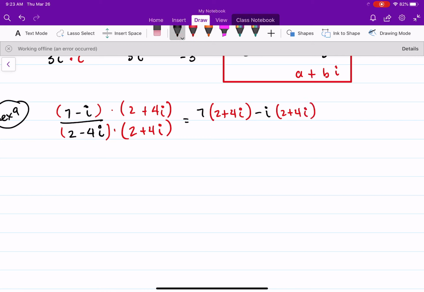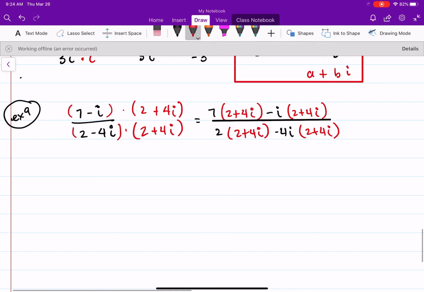And the bottom is going to be (2 minus 4i) times (2 plus 4i).